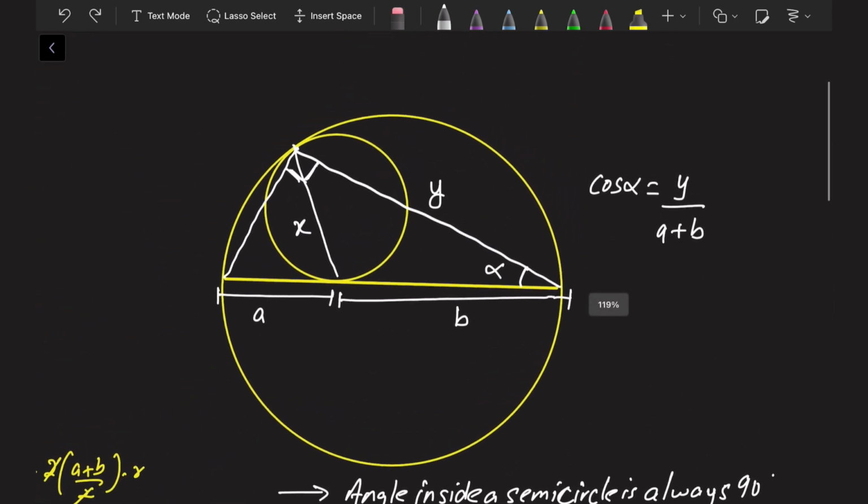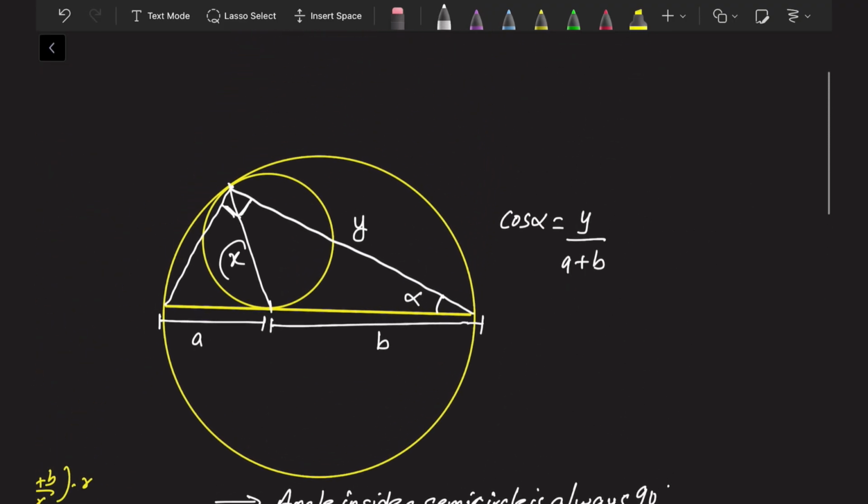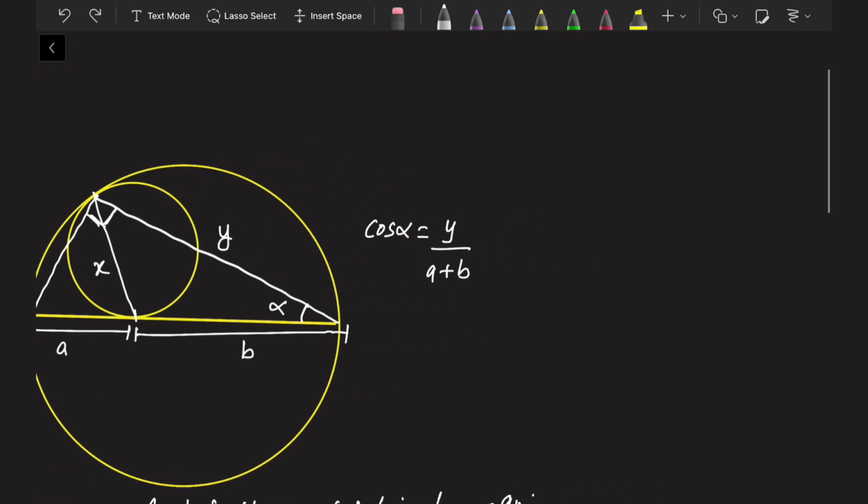Okay. Now in this triangle, which triangle I have to take is, let me just highlight that for you, this particular triangle. You can see that it contains the angle alpha, and also the sides are very nice. The opposite side is x, the adjacent are y and b. Hence let us apply the cosine rule.